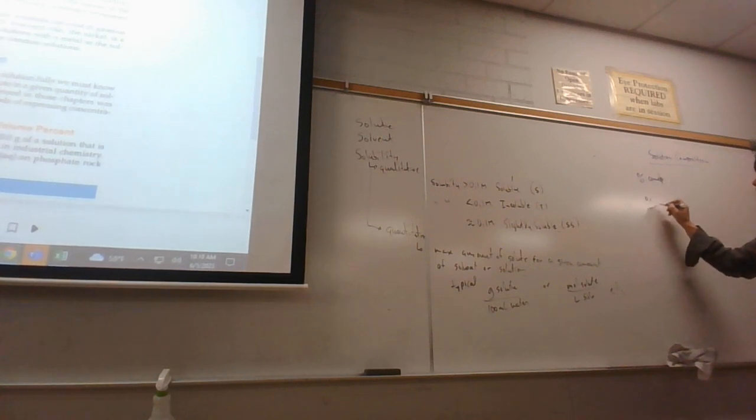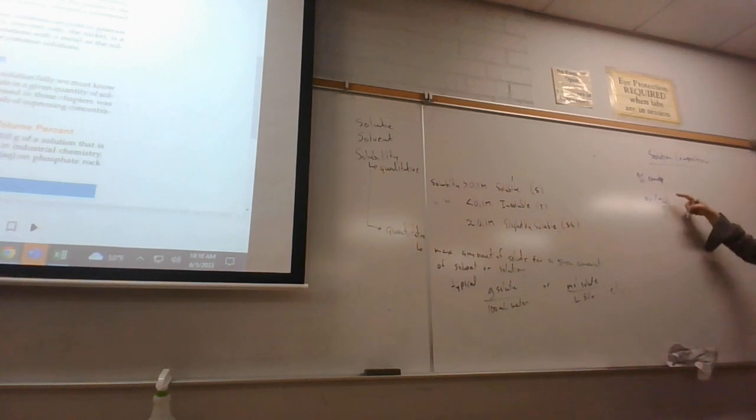There are different percentages. There's the percent m over m, which would just be a mass percent. This would be mass of solute over mass of solution. This would be total mass, in other words, the solution mass.